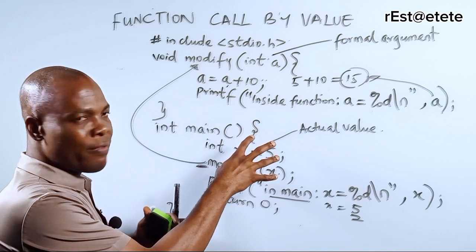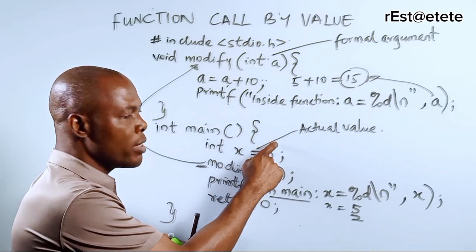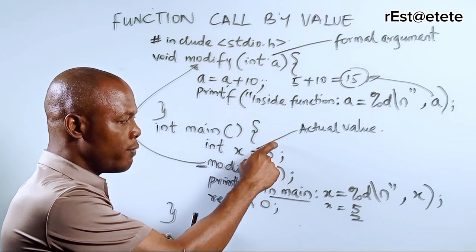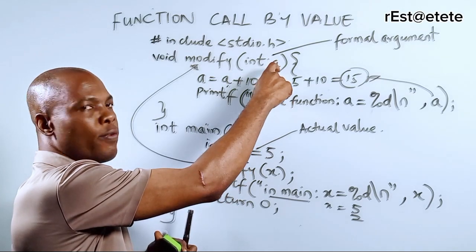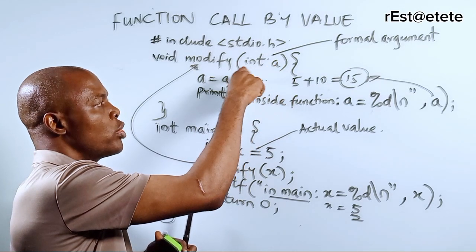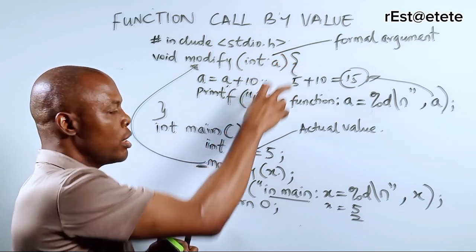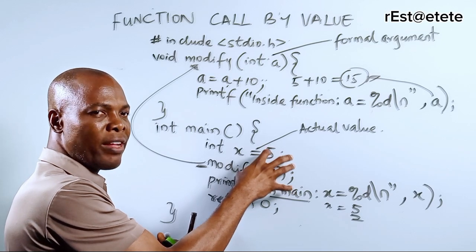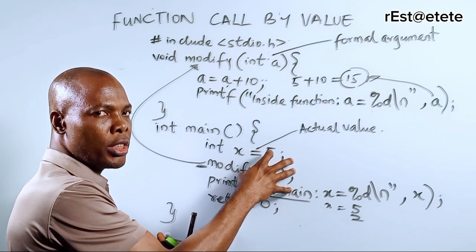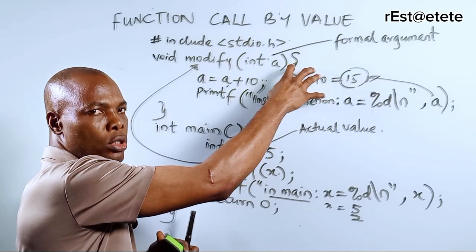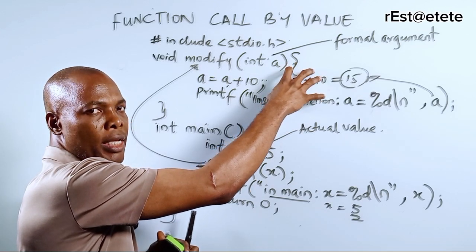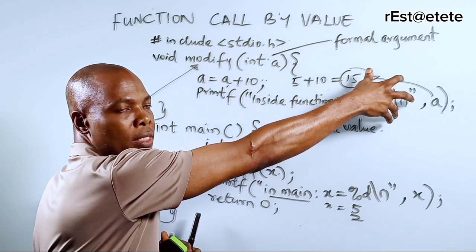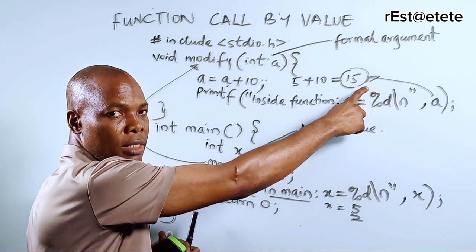So in call by value, you are making a copy of the variable and supplying it to the function. So whatever the function does stays in the function. It doesn't change this one. So the value of your soul is not changing, but the value of your thought is being manipulated. And we are seeing an output of it, which is 15.